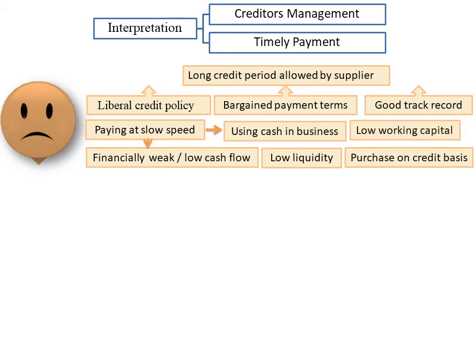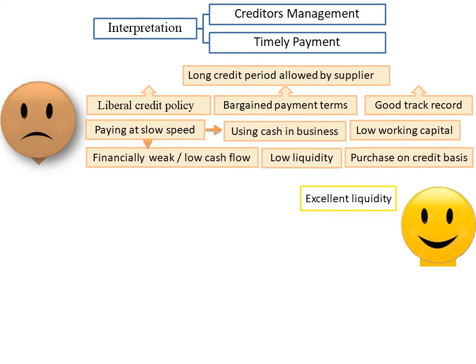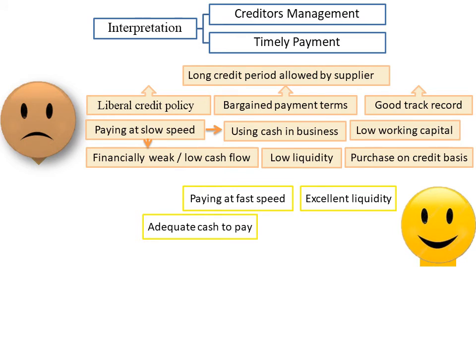Although from the point of view of the firm, a low ratio is preferable, from the supplier's point of view, a standard or a bit higher than standard ratio is considered as appropriate or better. It is considered as an excellent sign of short term liquidity. It indicates that the firm is able to pay its suppliers at a fast speed, as the firm has adequate cash balance available to pay its short term debts on time.